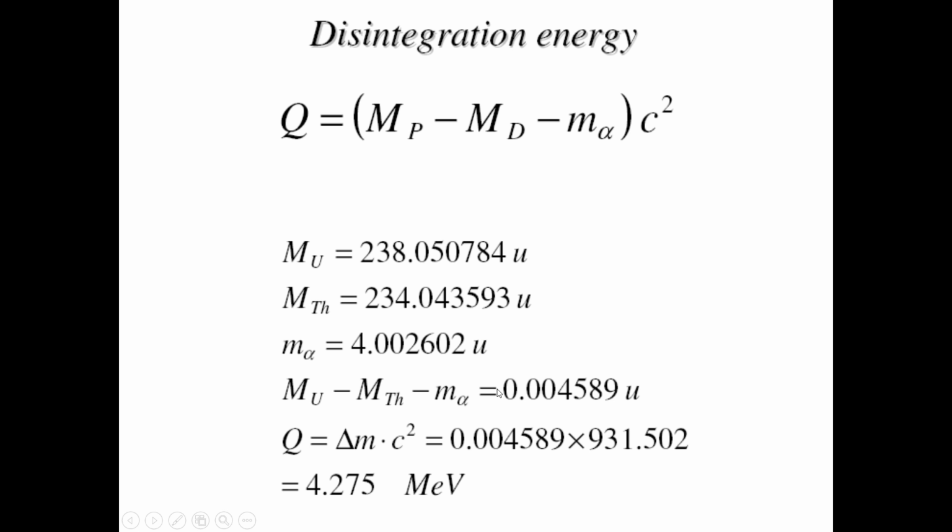Now we just put the values in this equation, so we get the difference equal to 0.004589 U. Now we have to multiply this with c squared, which has a value of 931.502. So we have the value for Q equal to 4.275 MeV, and this as a whole is called the disintegration energy.